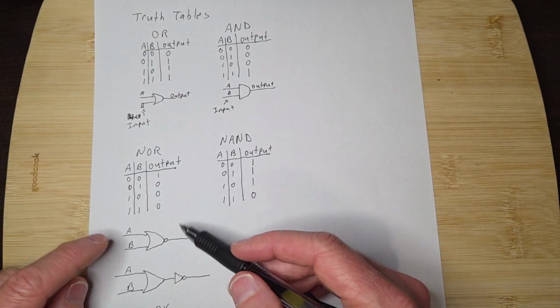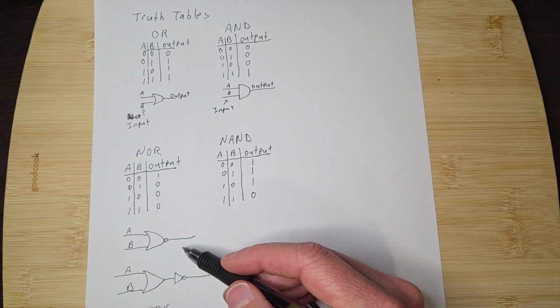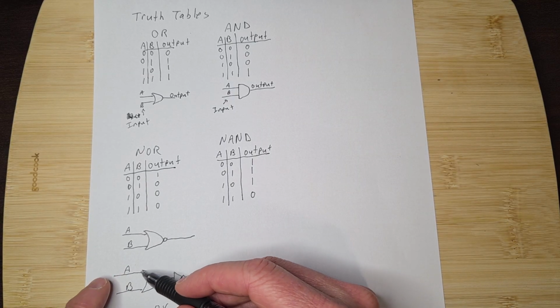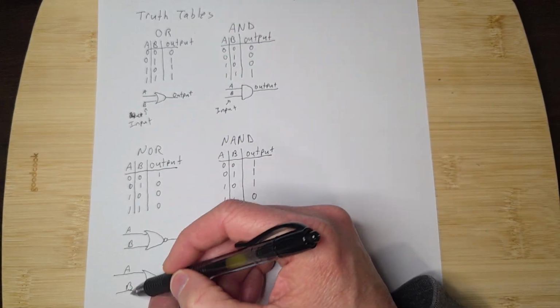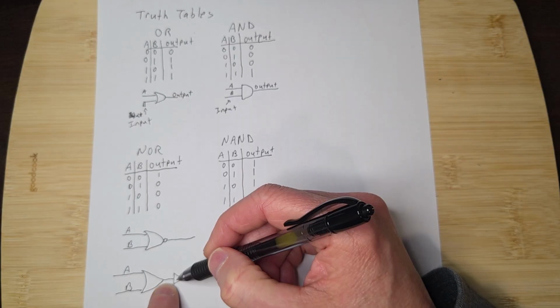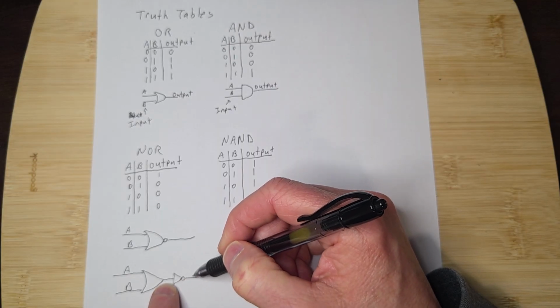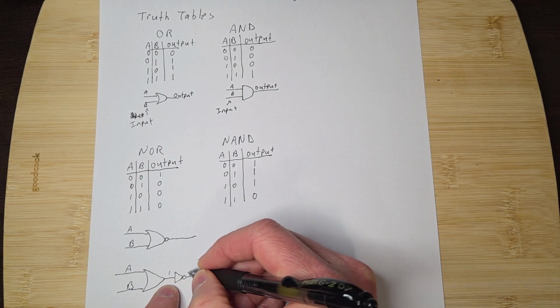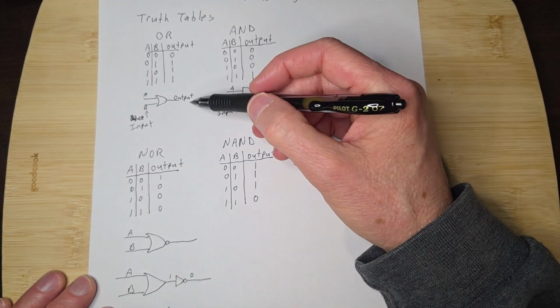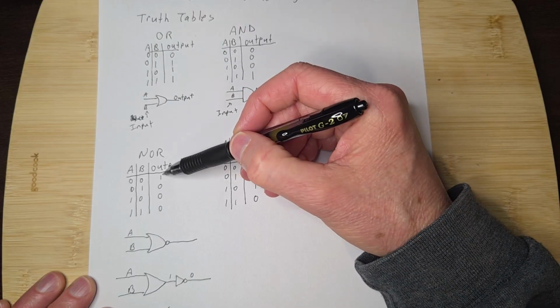Let's say I had 0 right here for my input. An OR gate would say 0, 0, I'd have a 0, but this guy will invert it and make it a 1. Or if I had a 1 here, it'd be a 0, right? So that's why this is opposite.